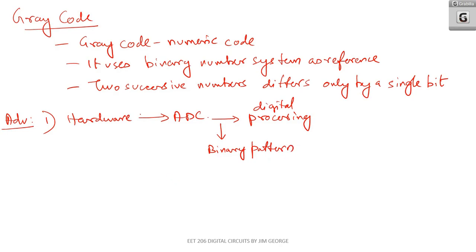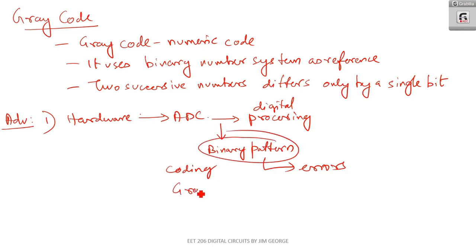Now this binary pattern may contain errors. Whereas if you are using gray code instead of binary pattern, the formation of errors can be avoided. That is the first advantage.